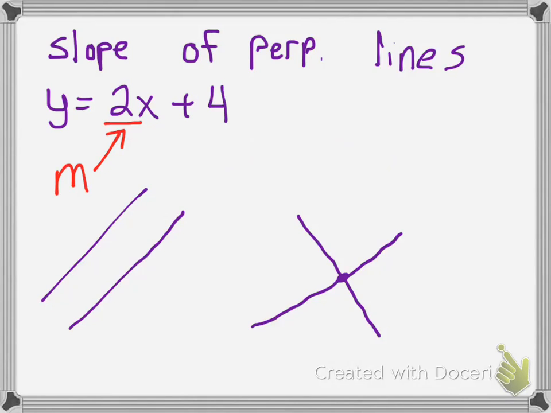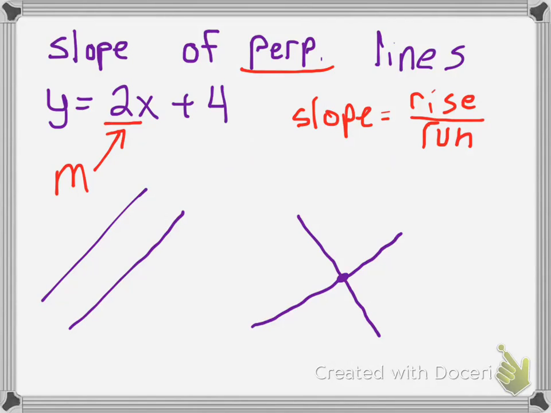Slope is also, and you should remember this, rise over run. Now the problem with this slope is, it's just a whole number, 2. If it does not have a run, you gotta put a 1. Not one there, put one there. So genius.